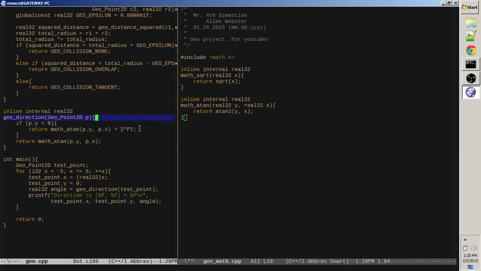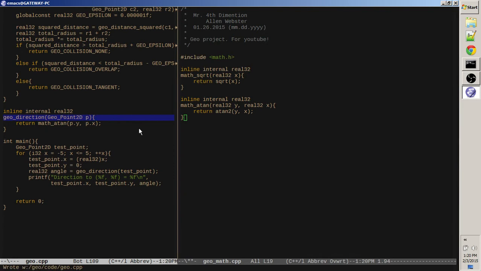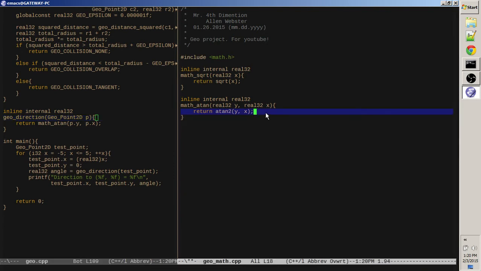That way, if someone comes along with an optimal way to do that, where they don't have to do a subtract to find it, but it just directly finds the correct answer in that range, then we can skip this whole if stuff, and we have a nice fast geodirection function for them. And for those of us who aren't using an optimized math ATAN, it's still just as fast as it would have been no matter which side of the divide we put it on, if that makes sense.